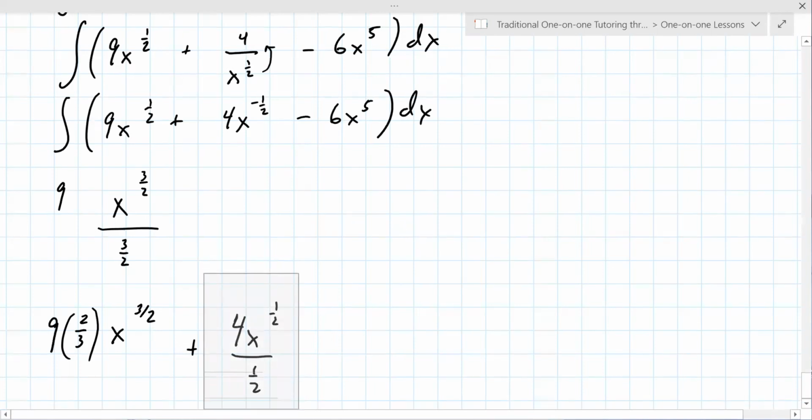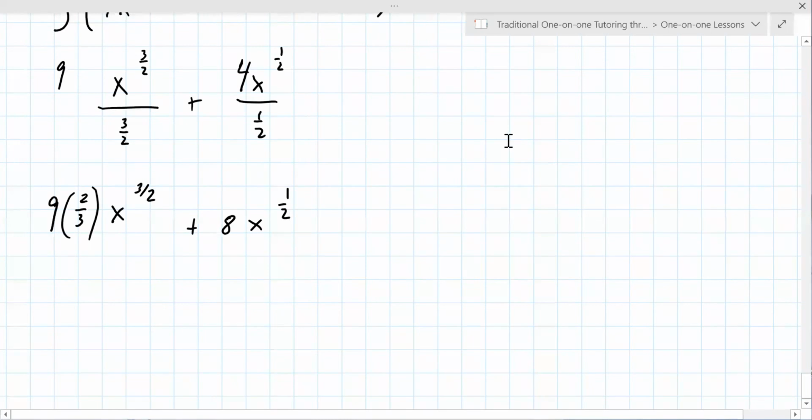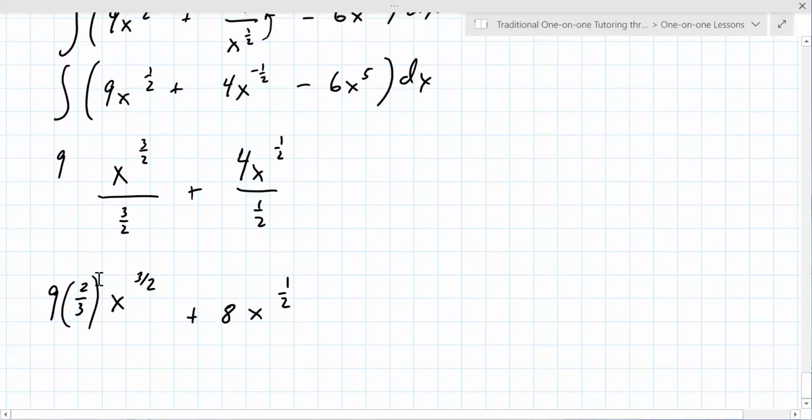But again, times 2, so 8 x to the 1/2. Right, perfect. And then we got the 6: x to the 6 over 6, so it's just x to the 6, right? Very good. Yep.